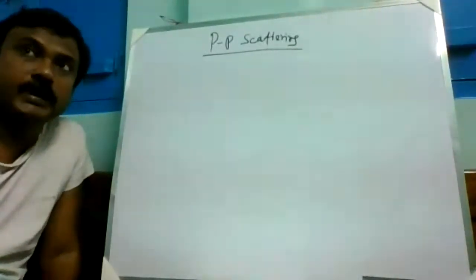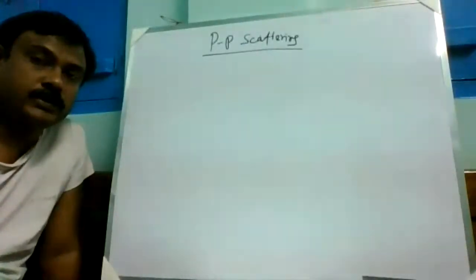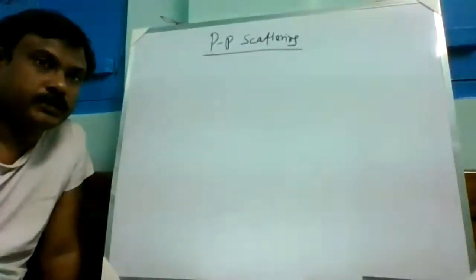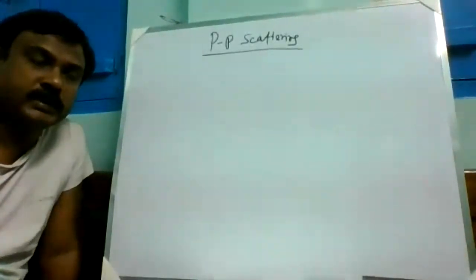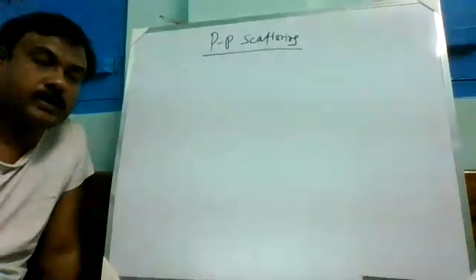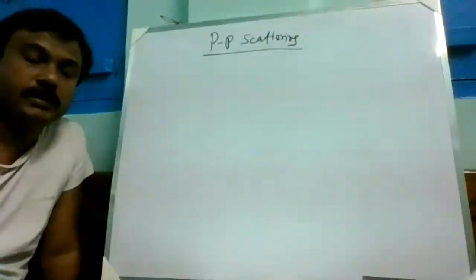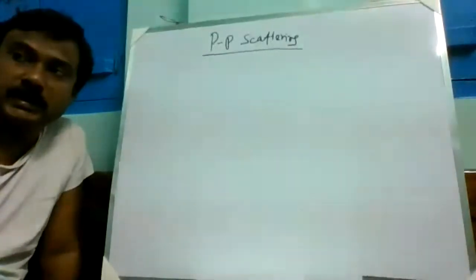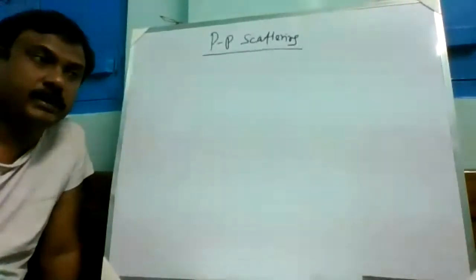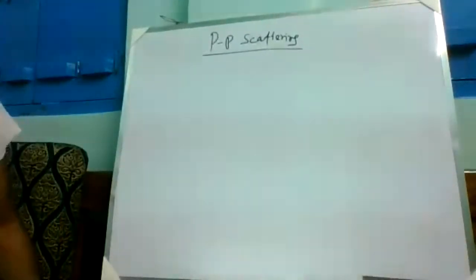And the second point is, as neutron and proton are two different particles, the indistinguishability of two particles has not been considered. But in case of PP scattering, we have to consider the indistinguishability of two particles. So we cannot distinguish between two particles.